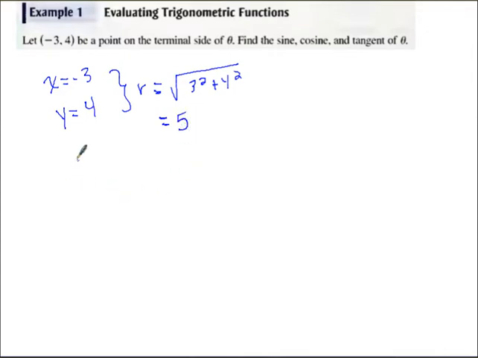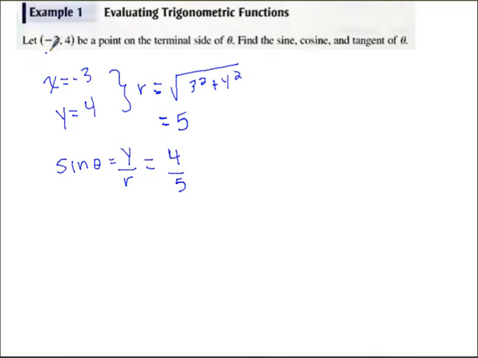If I want to find sine, we know sine of theta is y over r, so it's really equal to y, which is 4, over r, which is 5.